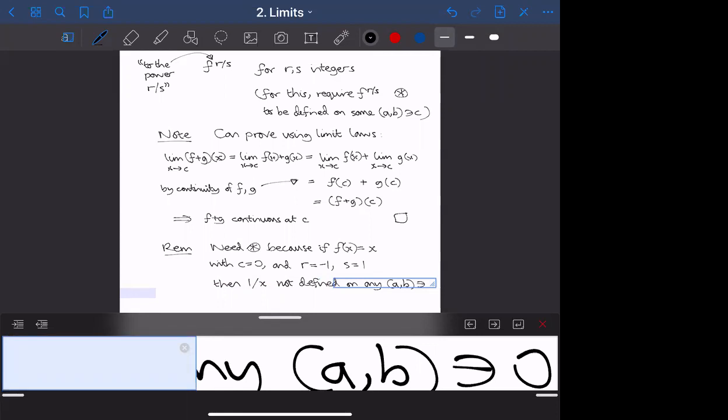So the limit law doesn't work, so we can't say the function is continuous at that point, and indeed the function is not continuous.